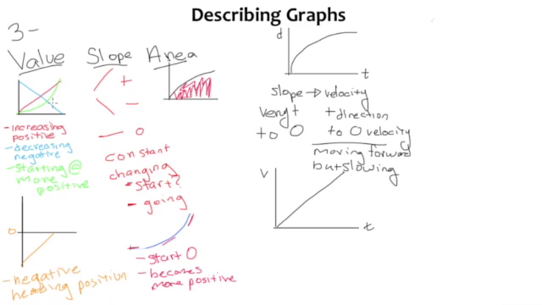It actually looks exactly like this red one. So here I am increasing value, or increasing my velocity, because that's what my value is over here. Increasing velocity and positive. That's what I was looking for. It's a positive value.